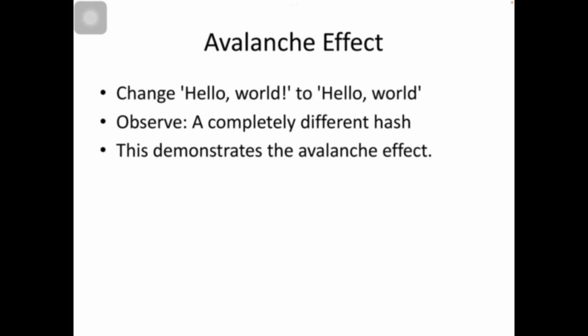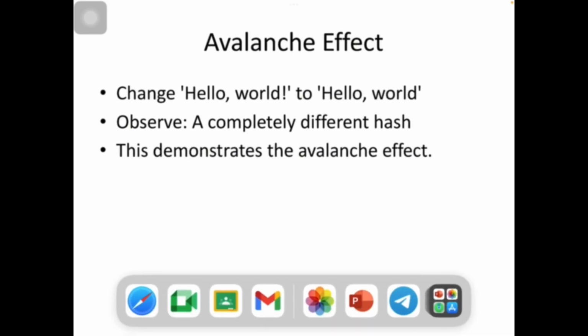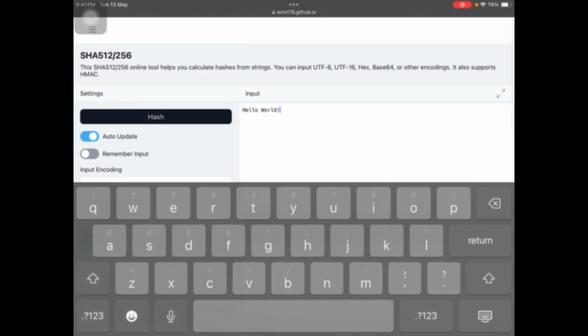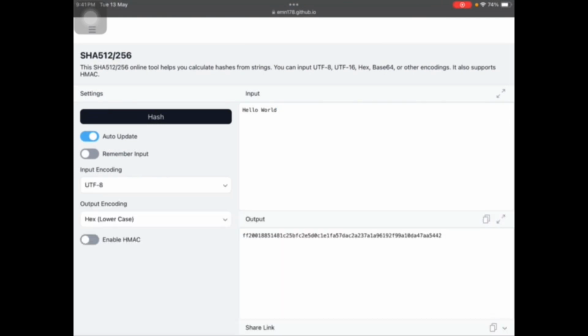Now watch what happens when I change just one character, like removing the exclamation mark. The hash changes completely. This is called the avalanche effect. Even a tiny change causes a dramatic change in the hash output. See, it's completely different.